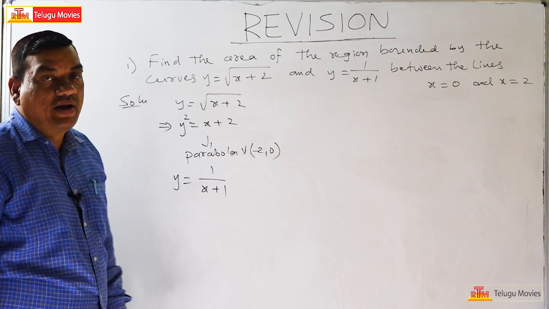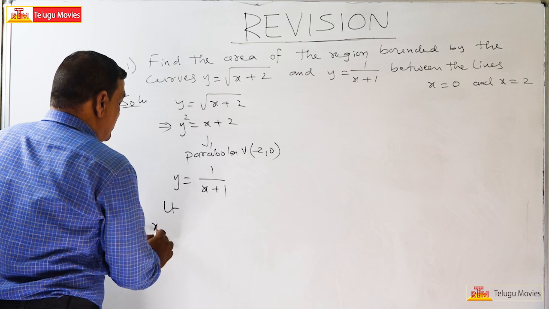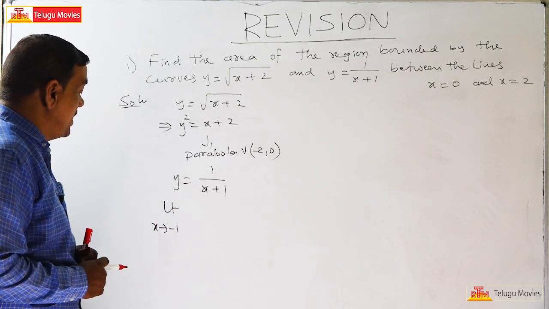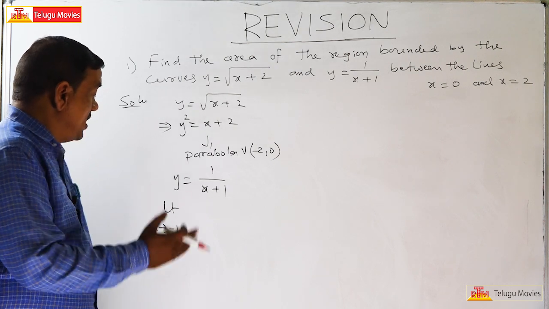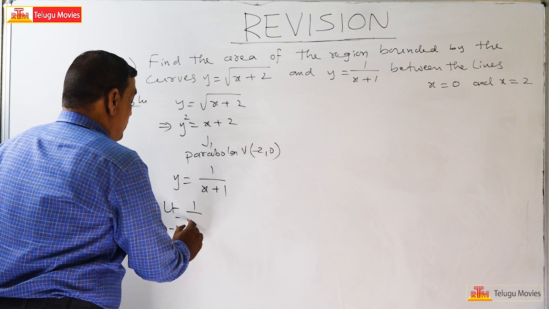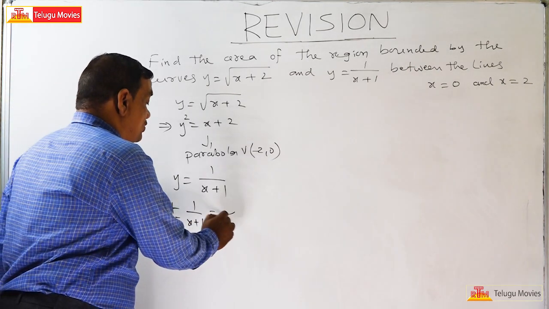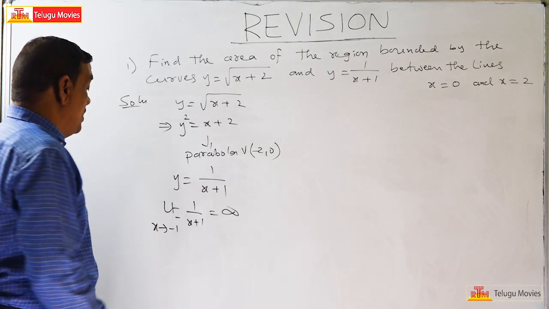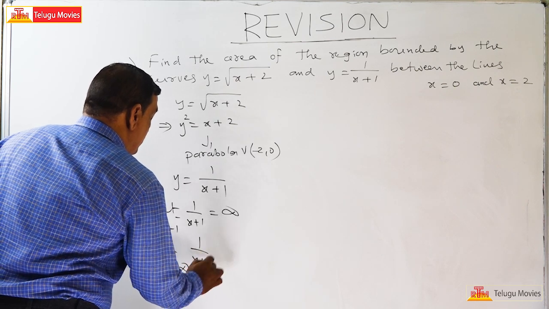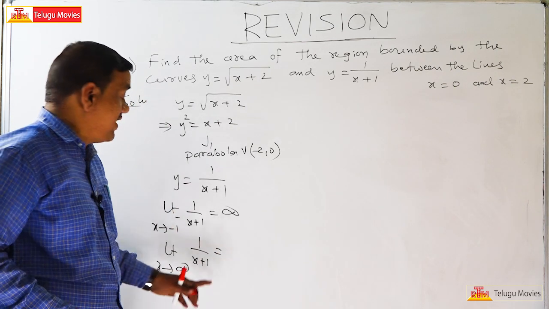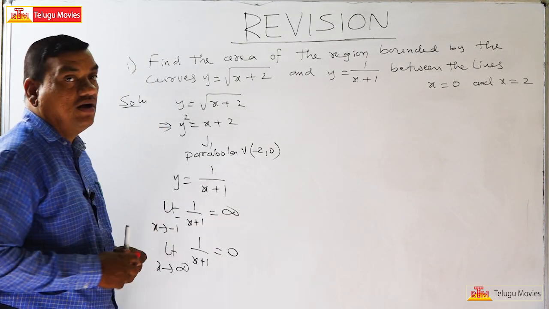As x tends to minus 1 from the left side, 1 by x plus 1 tends to infinity. And as x tends to infinity, if you go on increasing the x value, 1 by x plus 1 tends to 0.